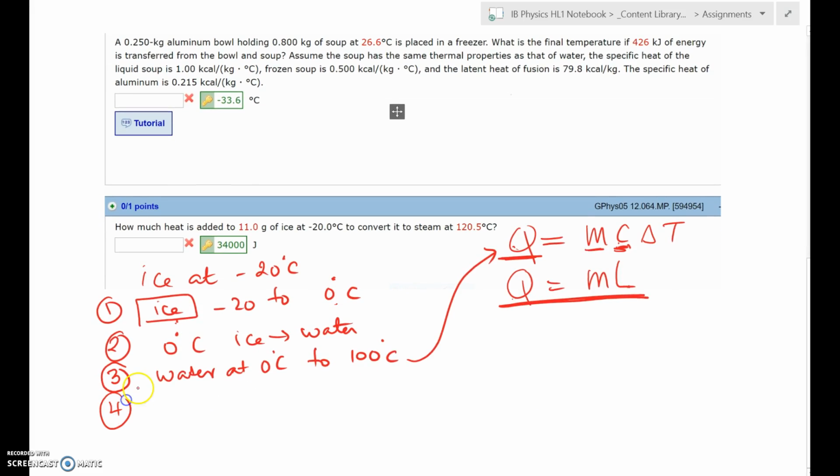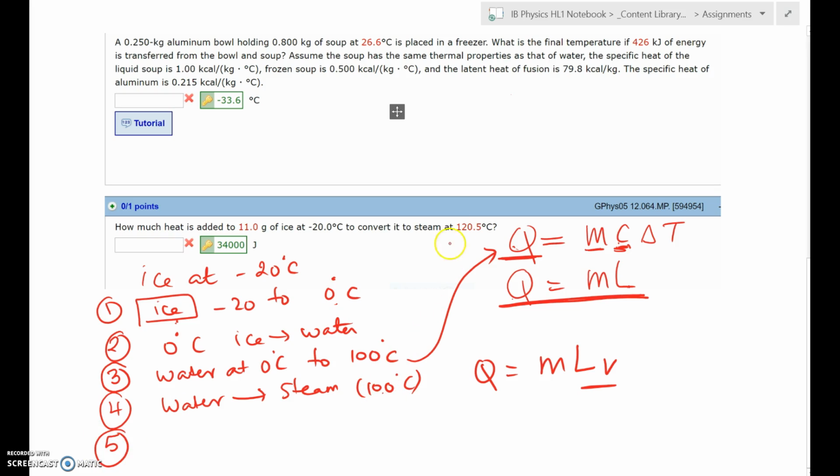Well, now that the water is at 100, you can vaporize it into steam. So you have to convert water to steam at this constant temperature of 100 degrees Celsius, which means you need to calculate the heat as mass times the latent heat of vaporization, because this tells you how much heat is required to vaporize water to steam.